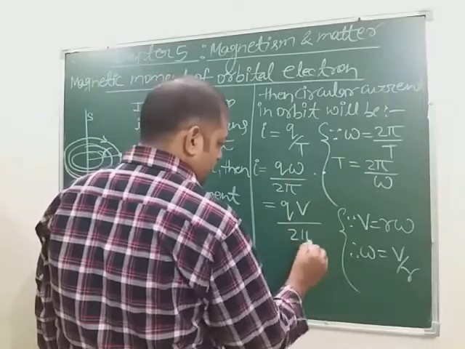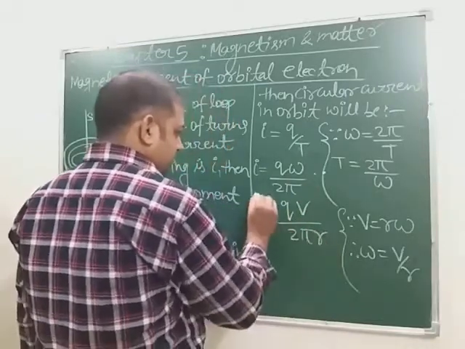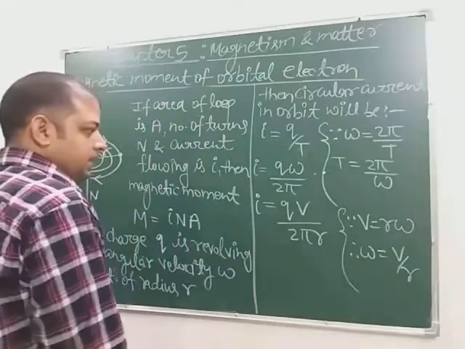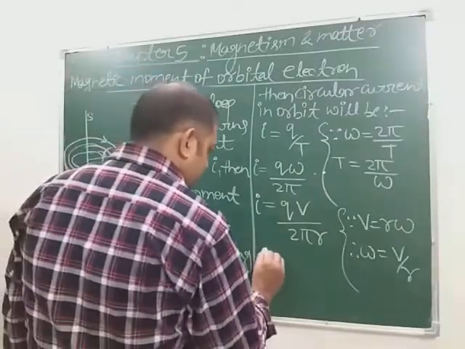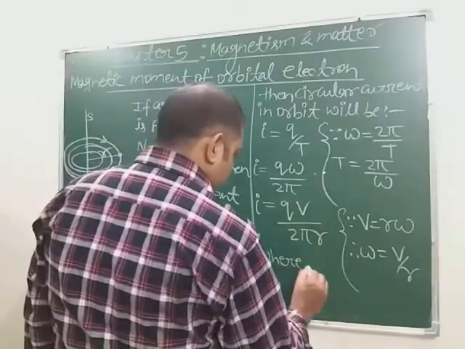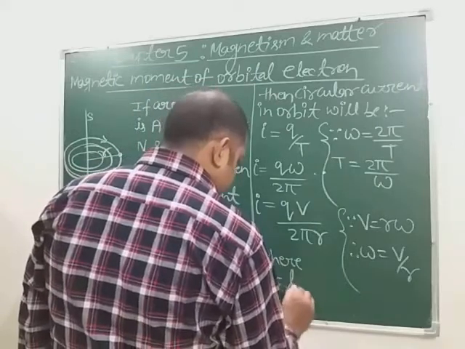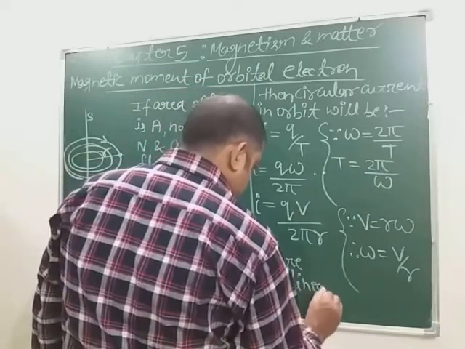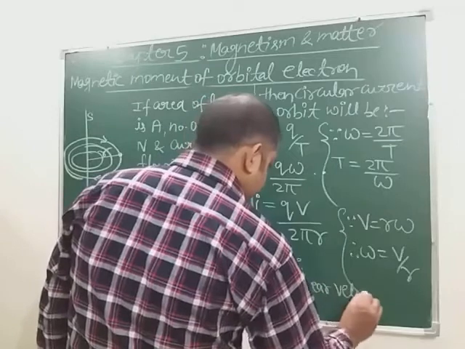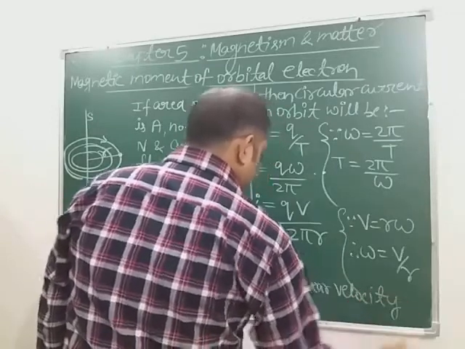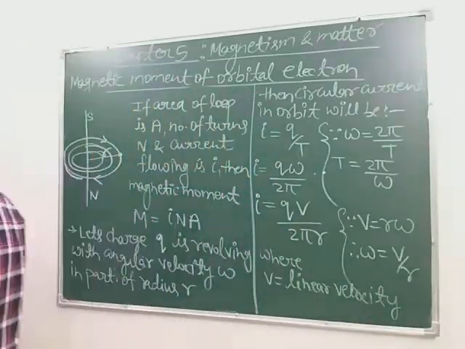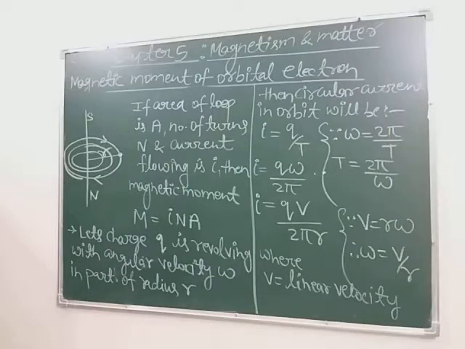So it will be I is equal to q v upon 2 pi r. This is the current, where v is linear velocity. Write down: current is q v upon 2 pi r, where v is linear velocity. Okay.